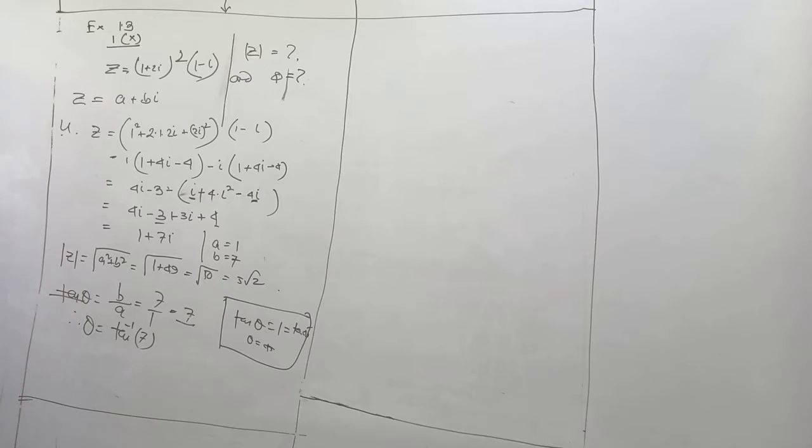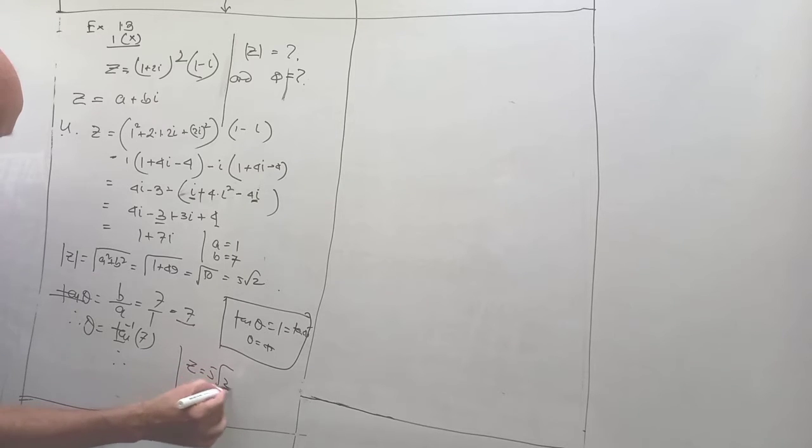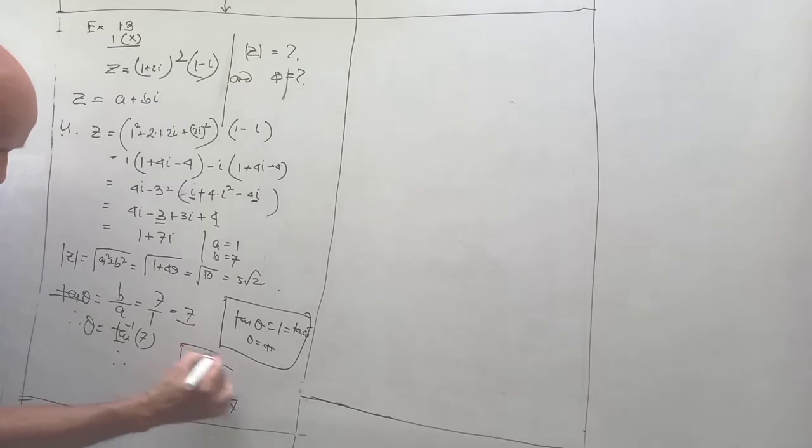As per our earlier knowledge, it can be solved by the inverse trigonometry where theta equal to tan inverse 7. Hence, the final answer: mod z equal to 5 root 2 and theta equal to tan inverse 7.